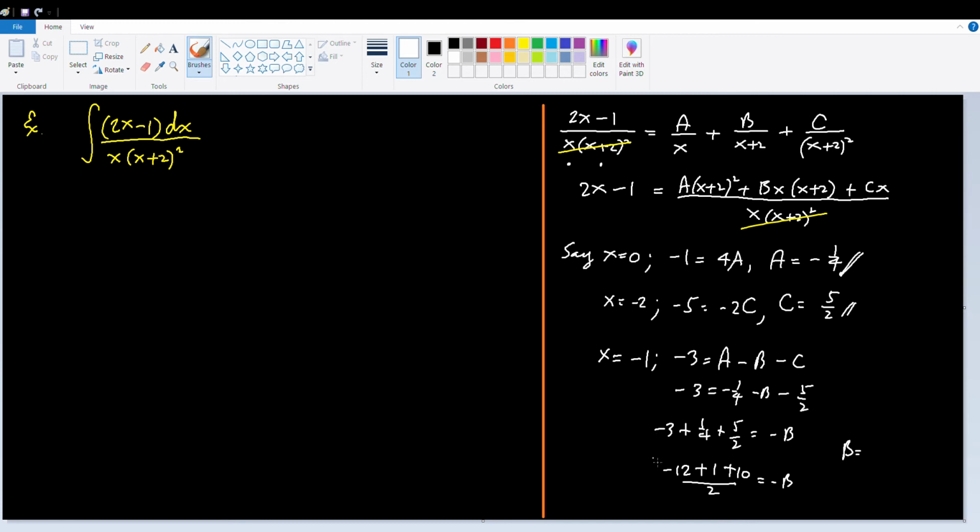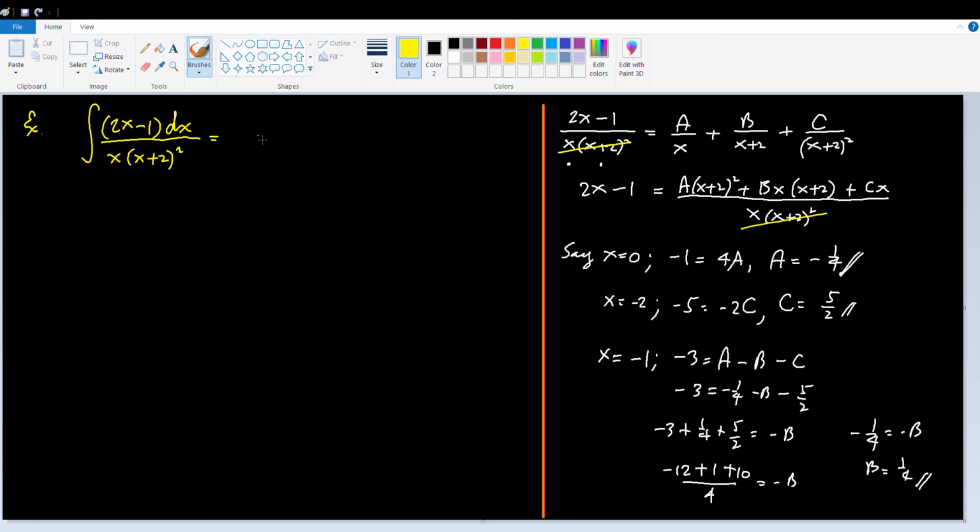Negative 3 plus 1/4 plus 5 halves. 4, negative 12 plus 1, 10, negative b. Oh, the denominator should be 4. Okay, sorry about that. There. Equal to negative b. So that will be negative 1/4 equal to negative b. So b is positive 1/4. Okay.